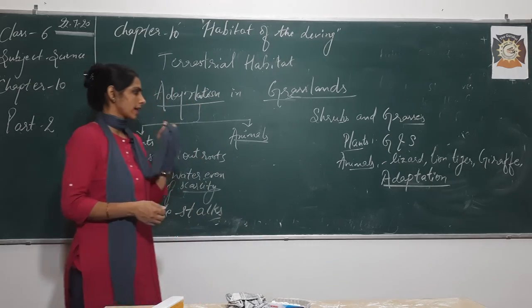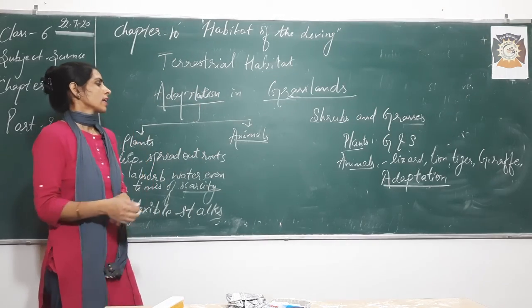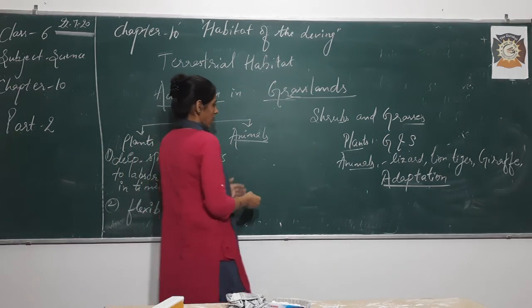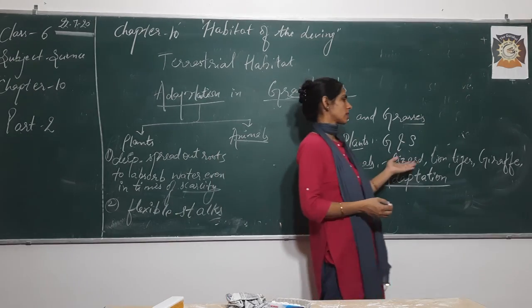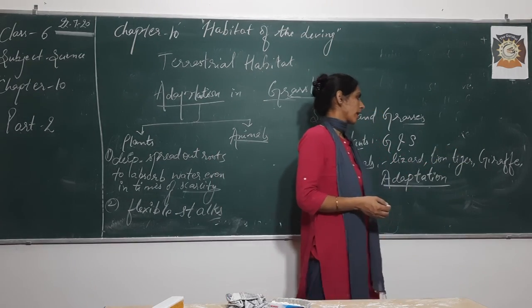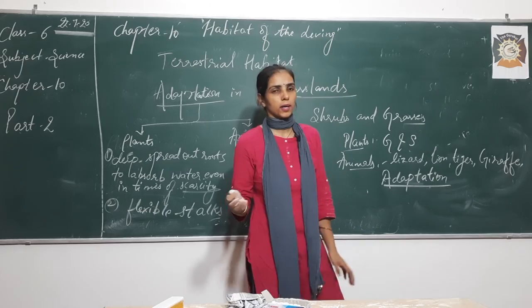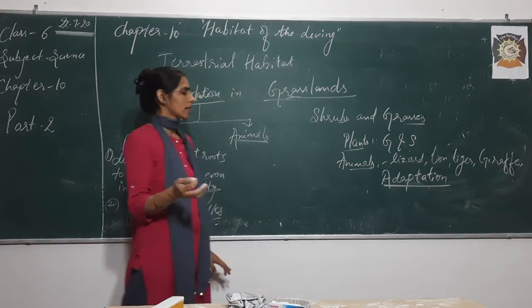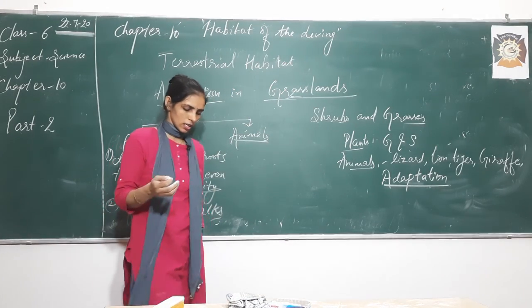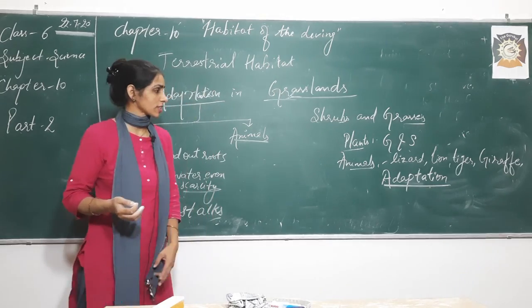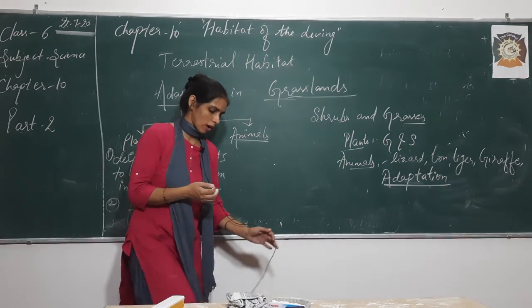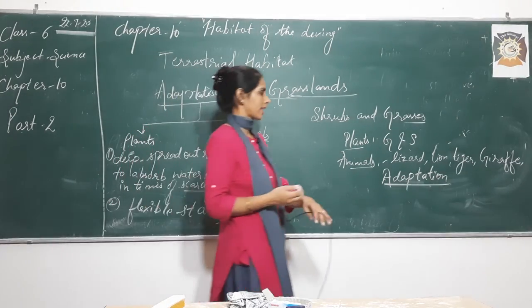The next is in case of animals. In case of animals, I have already told you that lizard, lion, tiger, giraffe, and various other kinds of animals are living in grasslands. For example, if we take the example of deer or gazelle, right?